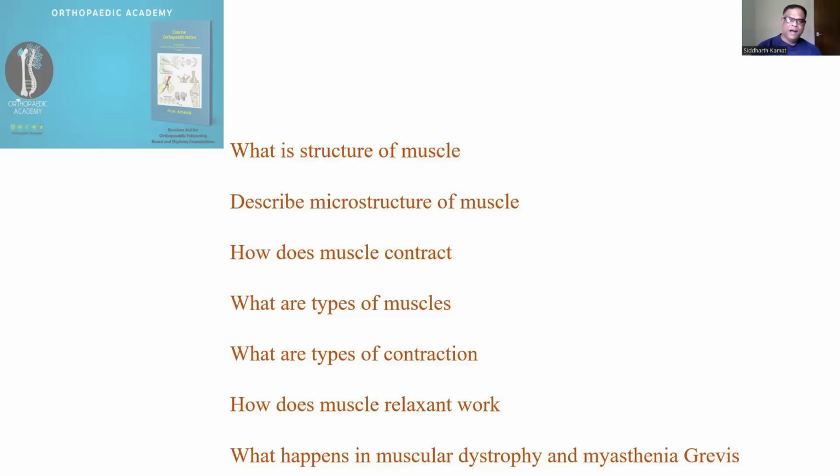Next question can be, how does muscle contract? The keyword here is you have to tell muscle contracts with excitation contraction coupling, which means that at the myoneural junction, when the action potential arrives, there is a release of acetylcholine into the synaptic cleft, which works on the ACh, that is acetylcholine receptors, and opens the sodium channels.